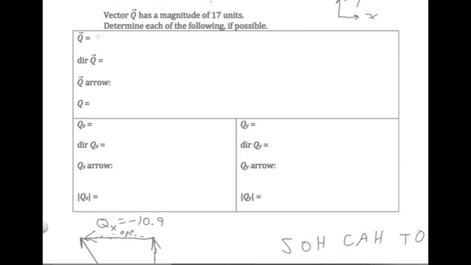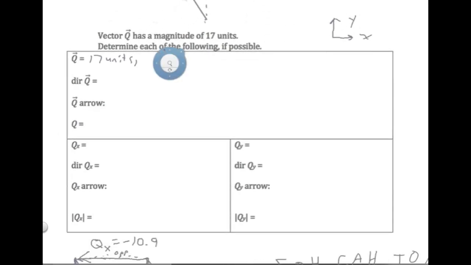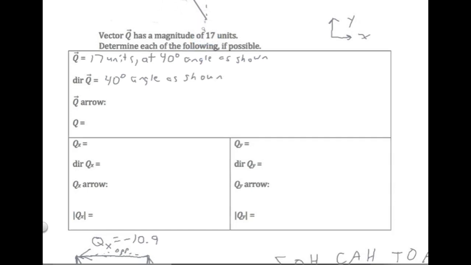So this was going to be 17 units at an angle of 40 degrees, as shown in the picture.